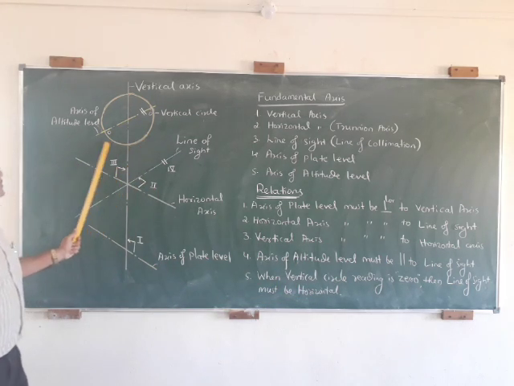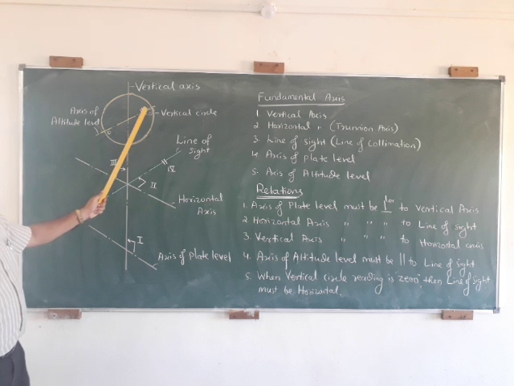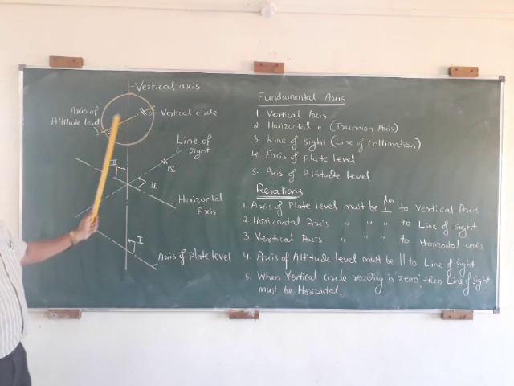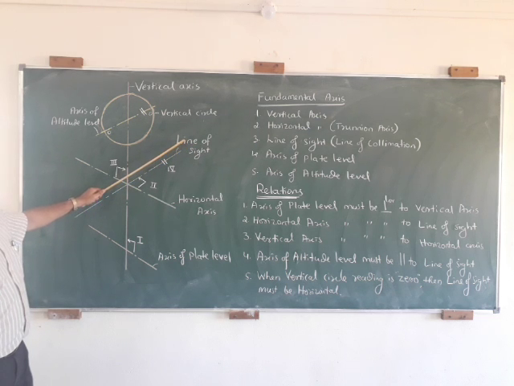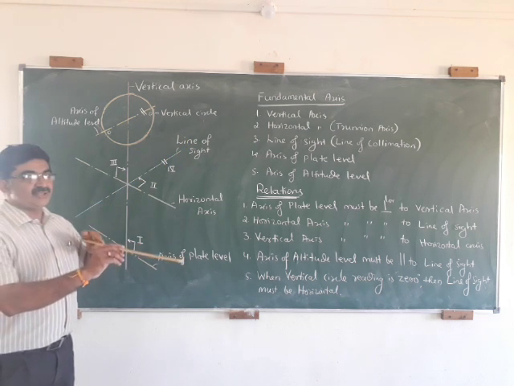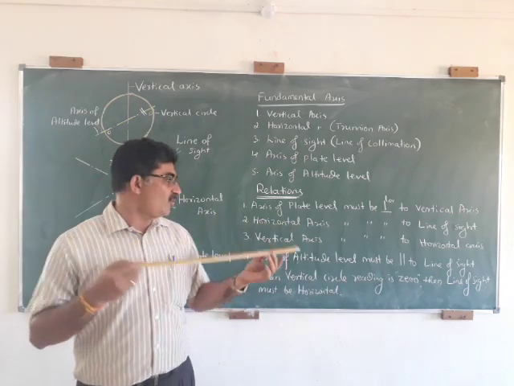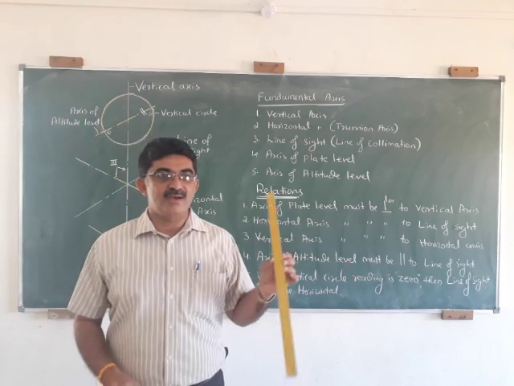This is the vertical circle. In the vertical circle, when the C vernier and D vernier read 0, then the line of sight must be horizontal. That means the telescope should be horizontal, so then you can use that instrument as a dumpy level.